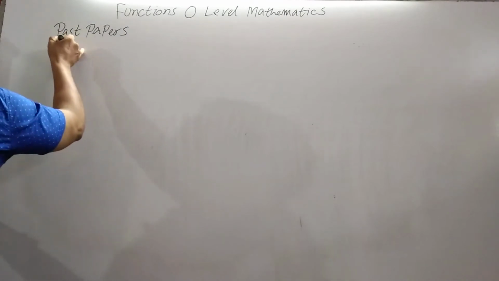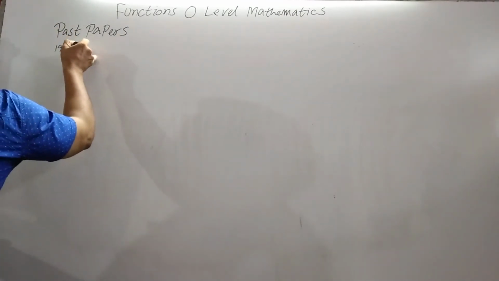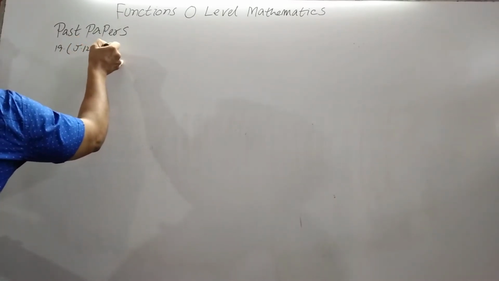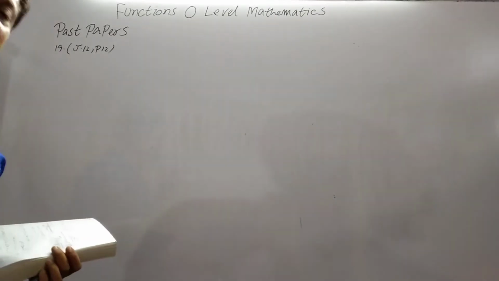This is question number 19, paper June 2012, paper 1 2. This question 19 means this is the past paper question number.